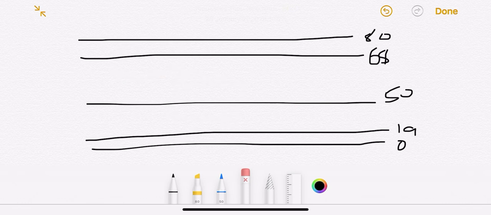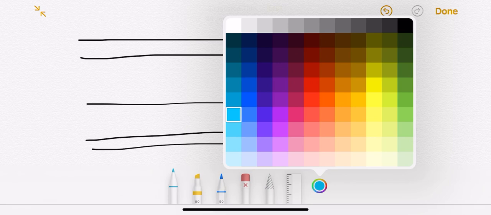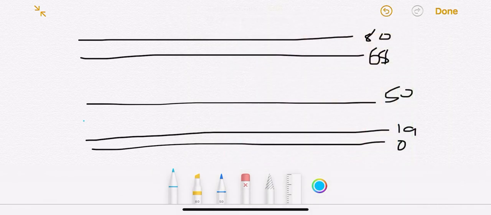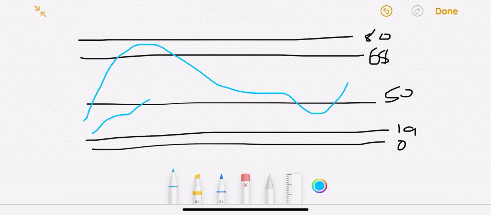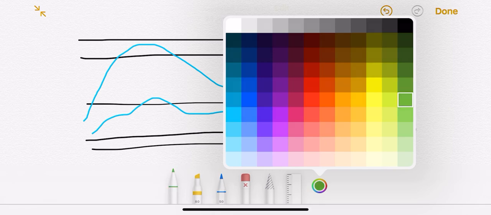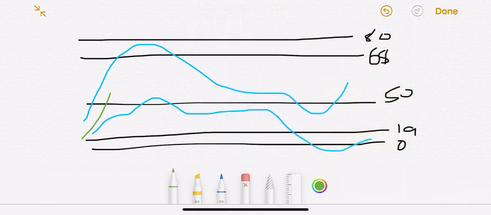Now, if we are to join them, we will have something more or less like this, something more or less like that. Then we get our price line going in between.